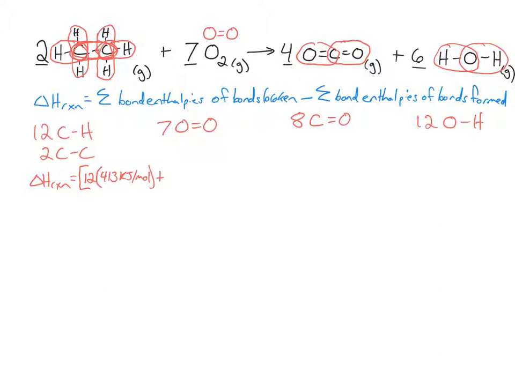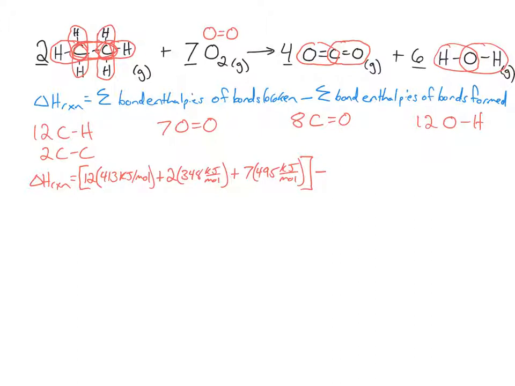Plus, we look at the next bond, which we have a carbon-carbon. We have 2 of those, and each one of those is 348 kilojoules per mole. And then we look at the oxygen double bond to an oxygen. There's 7 of those, and those are 495 kilojoules per mole. That is all of the bond enthalpies of the bonds that are being broken.